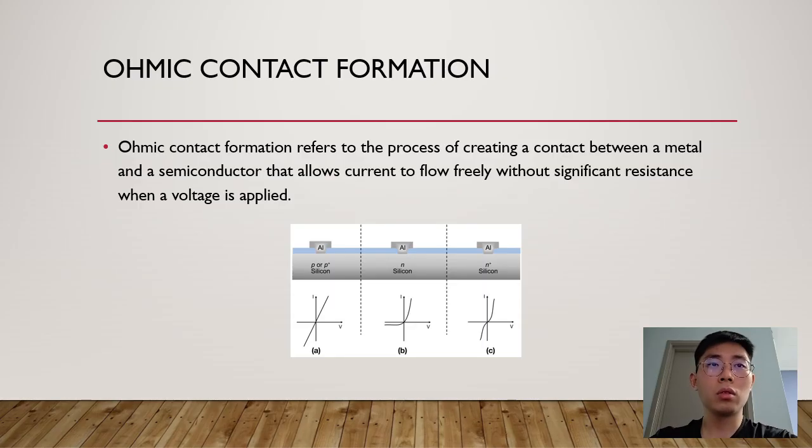Aluminum can produce a metal semiconductor Schottky barrier diode on slightly doped n-type material. To prevent the rectifying contact from forming, an n+ diffusion is put between the aluminum and the slightly doped area, as shown in the figure. We can get the graph like C.